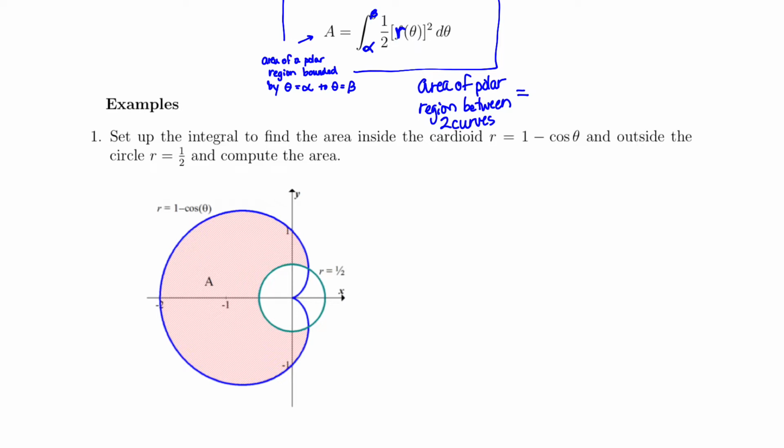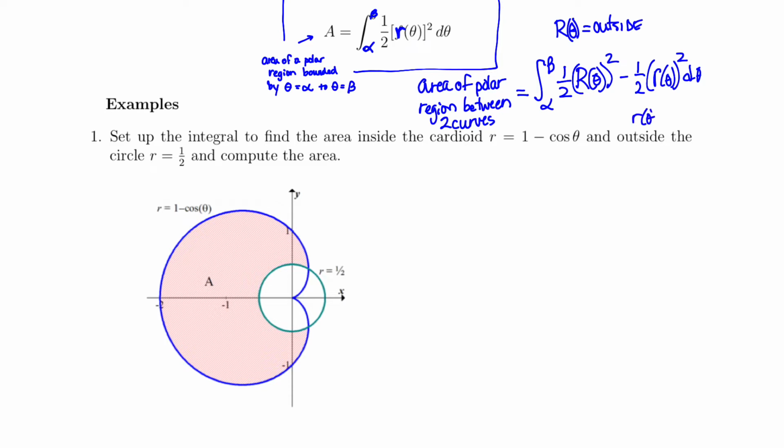To get the area of this shape right here, you take the area of the outside, so I'll call that big R squared, minus the area of the inside, so I'll call that little r squared, where big R is our outside function and little r is our inside function.